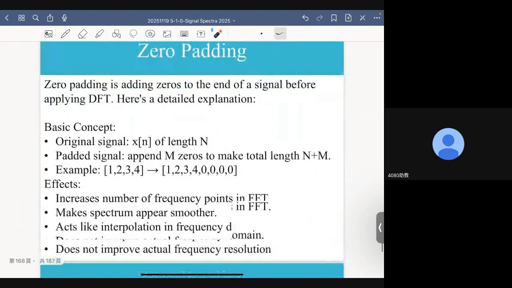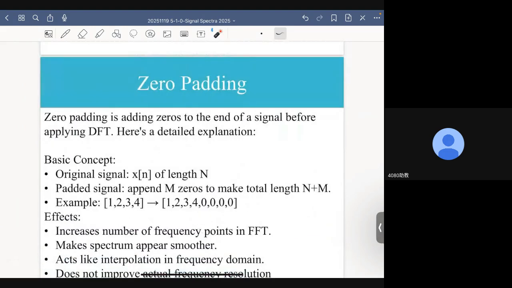Now what happens if the number of data points that I have is not a power of 2? Easy. Let's say I have 1, 2, 3, 4, 5.